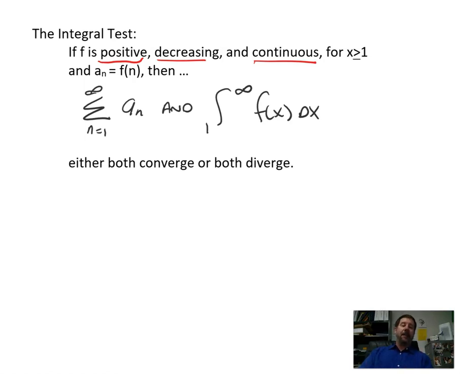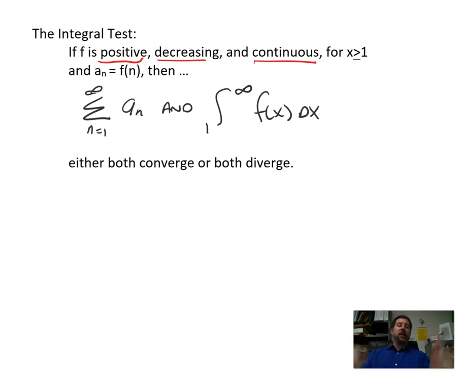The same thing that happens to one will happen to the other. So, if a function is positive, decreasing, and continuous, then either the integral from 1 to infinity will converge and the series will converge, or the integral will diverge and the series will diverge. Whatever happens to one will happen to both.